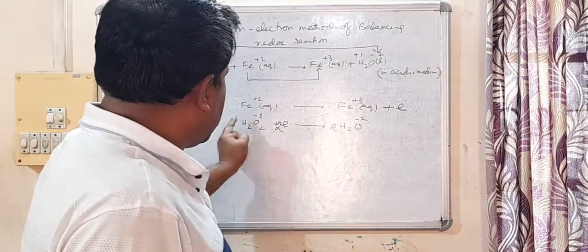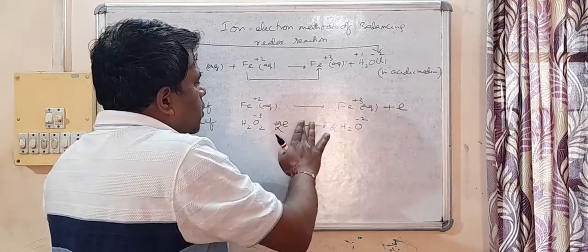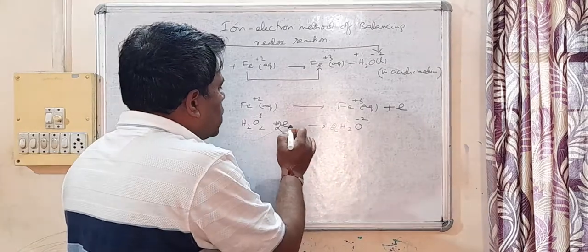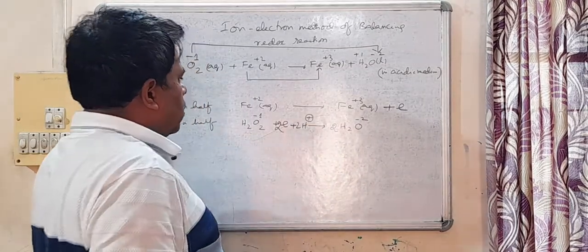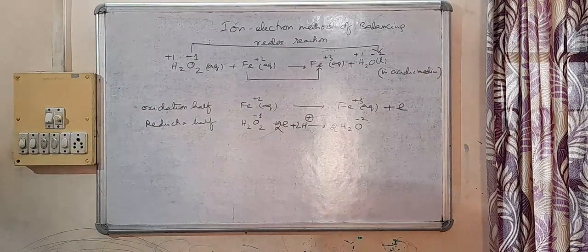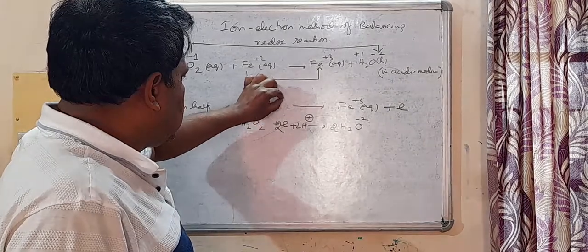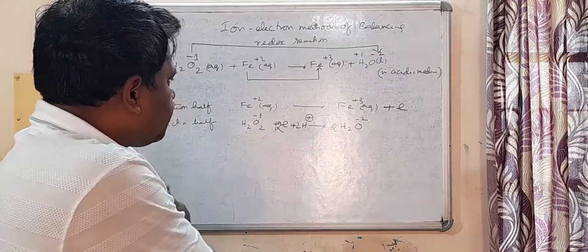Hydrogen is 4 here, here it is 2. So, since it is an acidic medium, we balance by putting hydrogen ion. So we will write here 2 hydrogen ions. So this is the complete oxidation half, this is the complete reduction half.